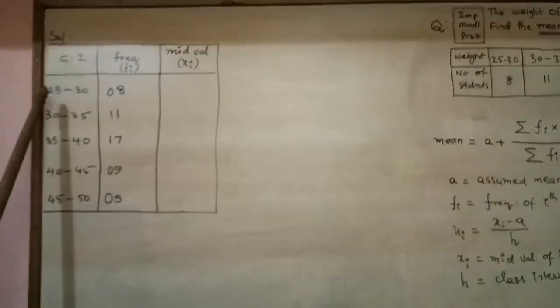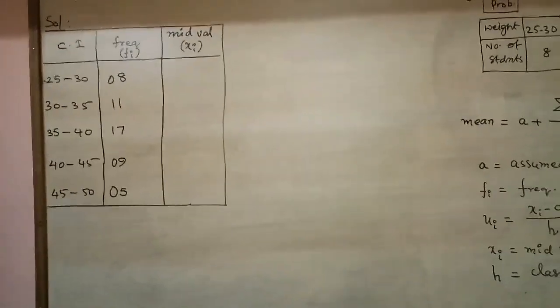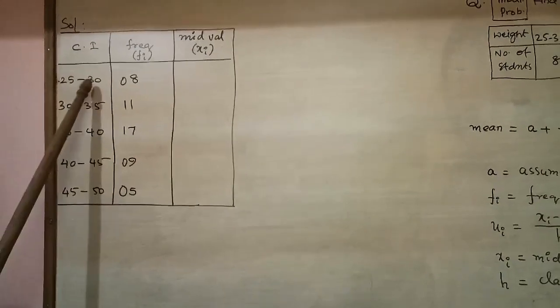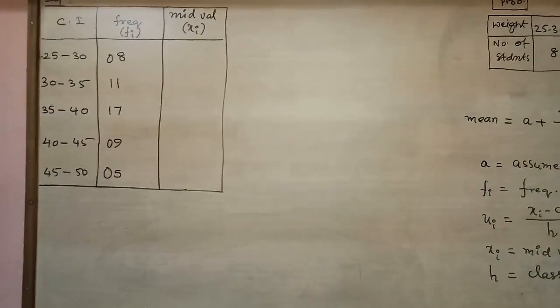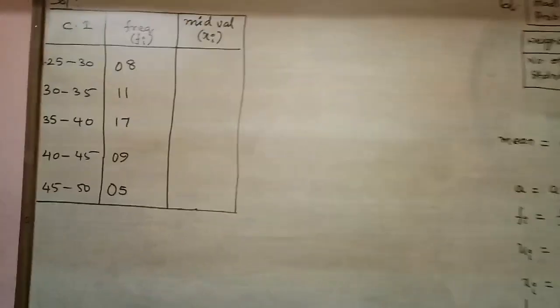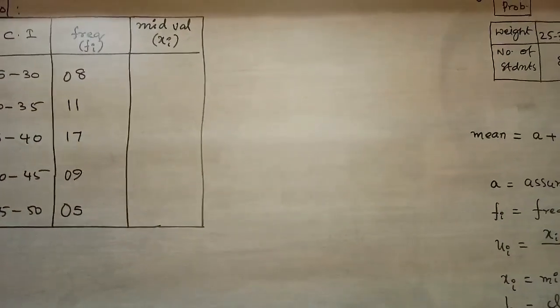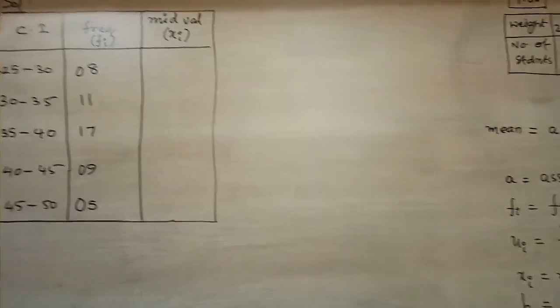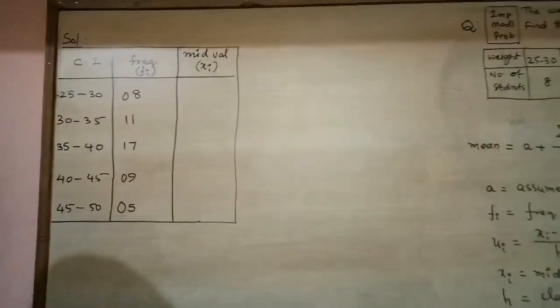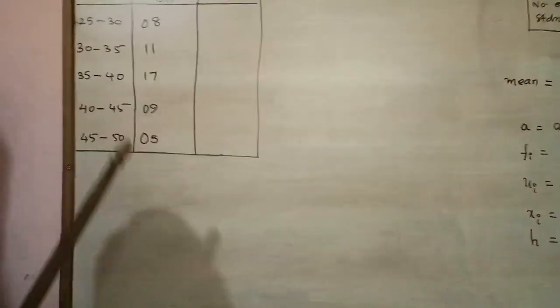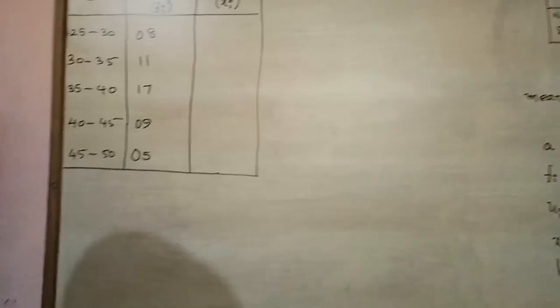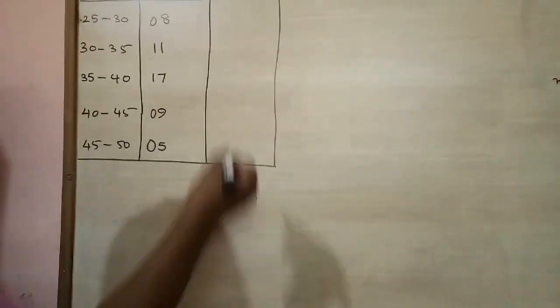Mid value of 25 and 30 is 25 plus 30 by 2, that is 55 by 2. Half of 55 is 27.5.